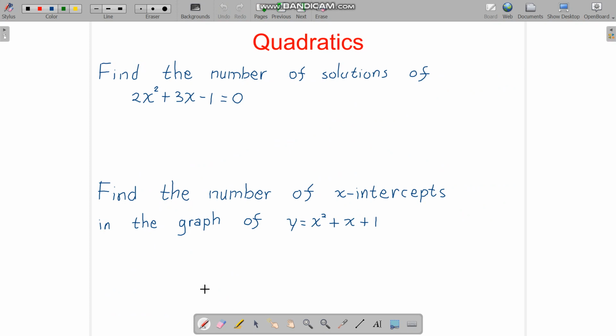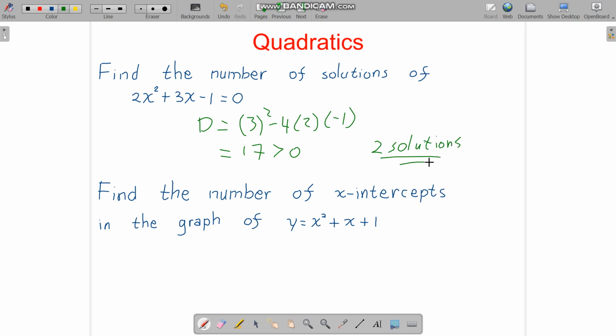To find the number of solutions, we can just use the discriminant formula, b squared minus 4 times a times c. We get, in this case, 9 plus 8, 17. Since it's bigger than 0, we have two solutions, or in this case, we can say two x-intercepts.